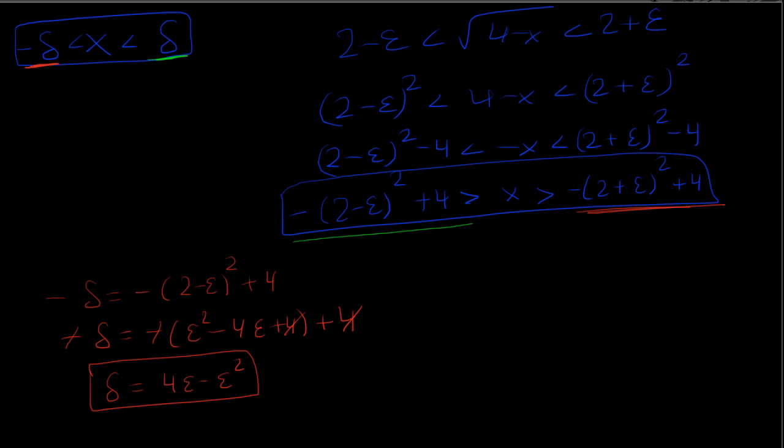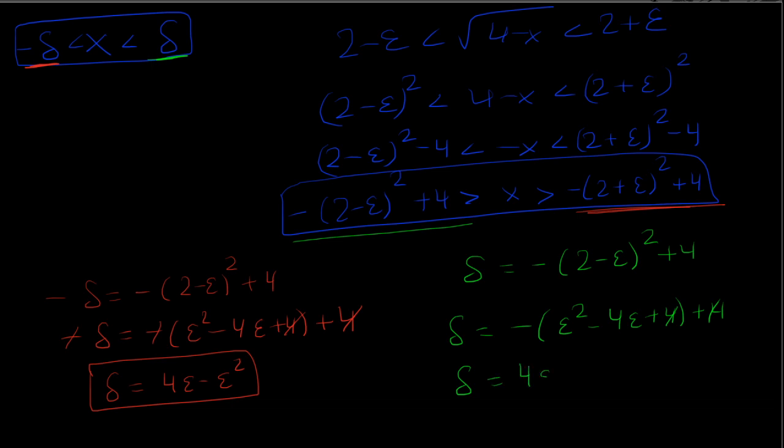And then we'll have delta is equal to negative times 2 minus epsilon squared plus 4. So delta will be negative times the quantity epsilon squared minus 4 epsilon plus 4 plus 4. The 4 is going to cancel, and I'm going to distribute the negative, so I have 4 epsilon minus epsilon squared.